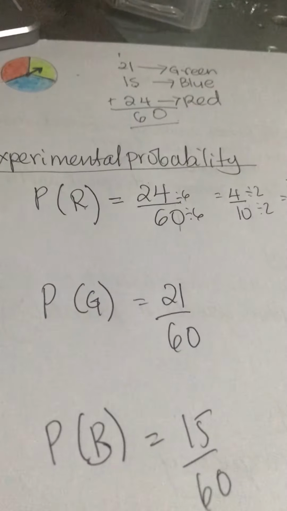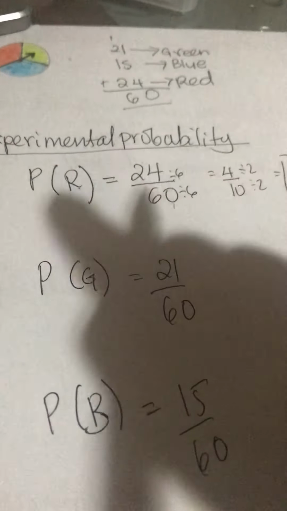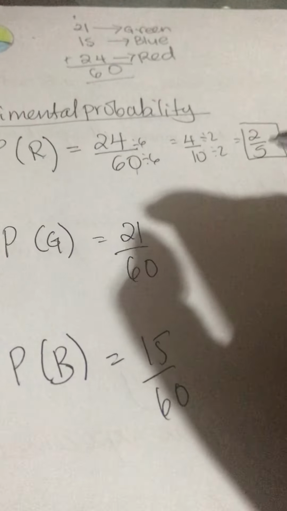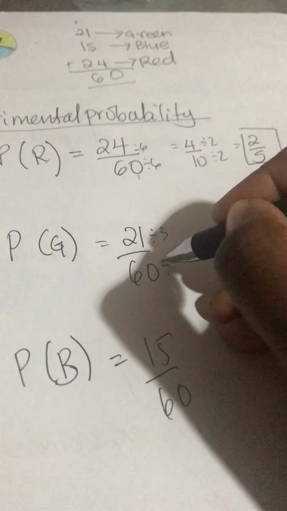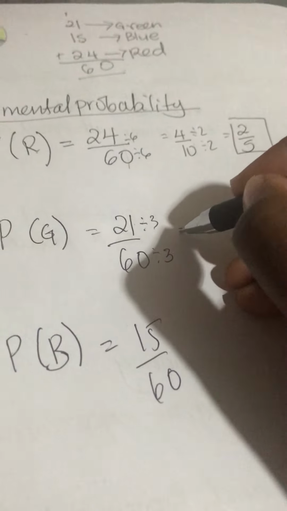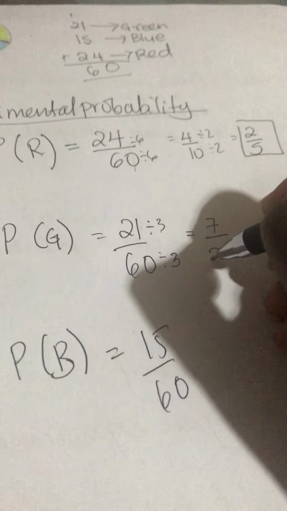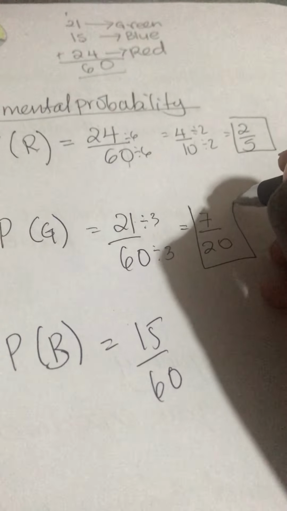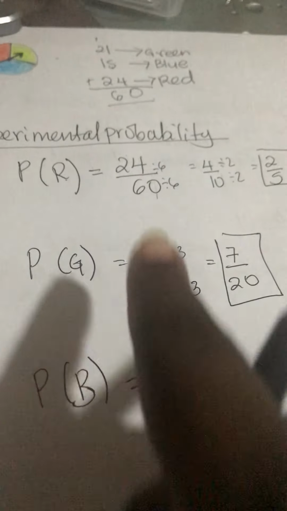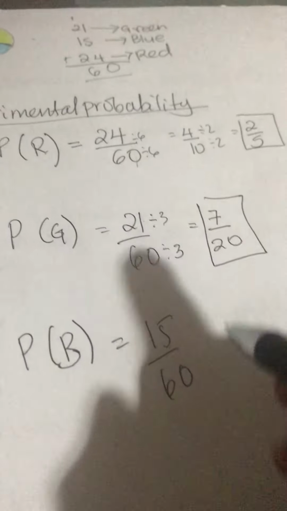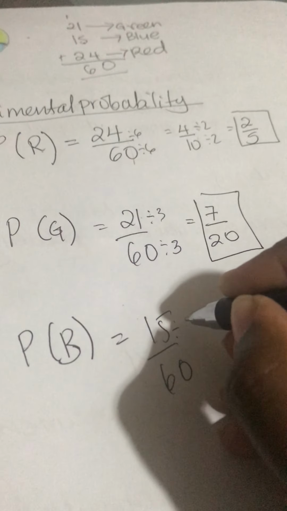If the question asks me what is the experimental probability for green, I will do this. What number? 3. 3 goes in 60 and 3 goes in 21. So this is 7 over 20. And that's my answer as a fraction. What's the experimental probability for blue? So I think 15 times something is this.